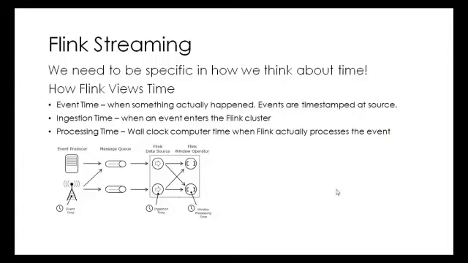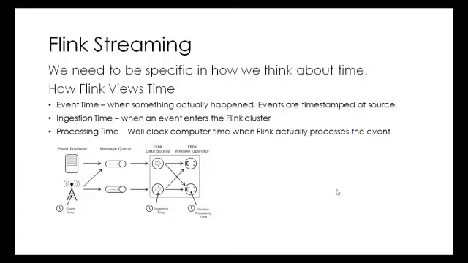But that doesn't mean that's when Flink is going to see it. Because between that event and your Flink program, there's wires and networks, and all sorts of things can happen between the time something happened at your source and the time that you process it.